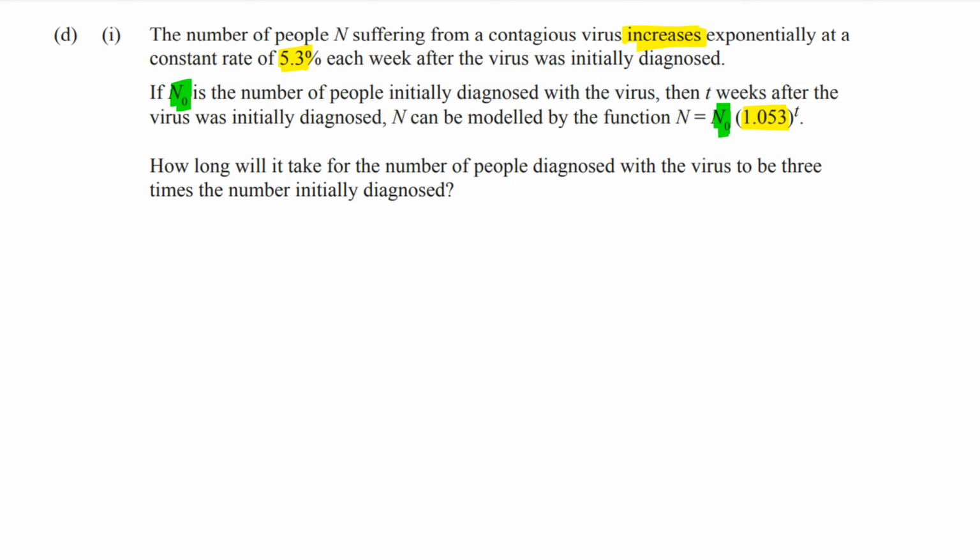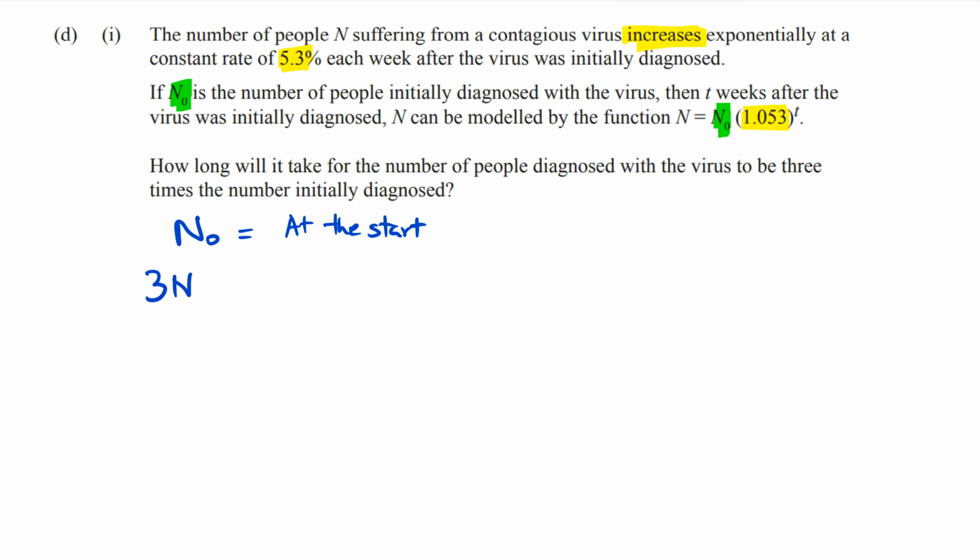In this case, we don't know how many people started with the disease originally, but we do know it's defined by N0, the number of people at the start. And we want to know when it will be 3 times the number initially diagnosed.